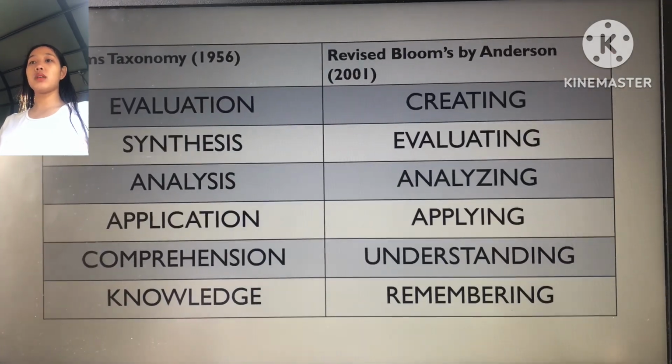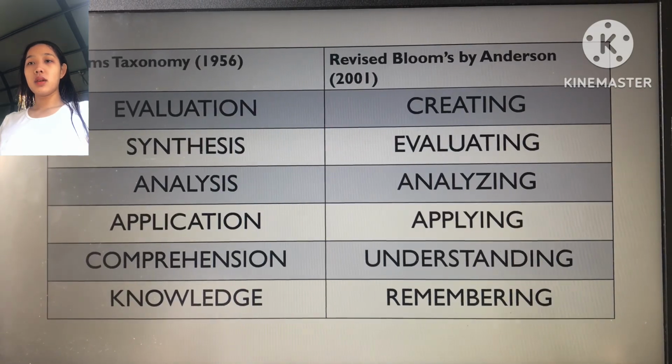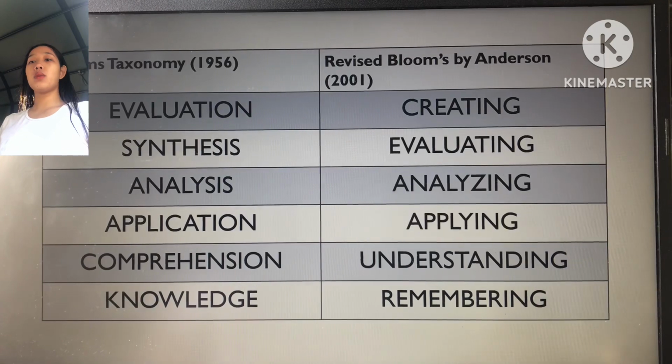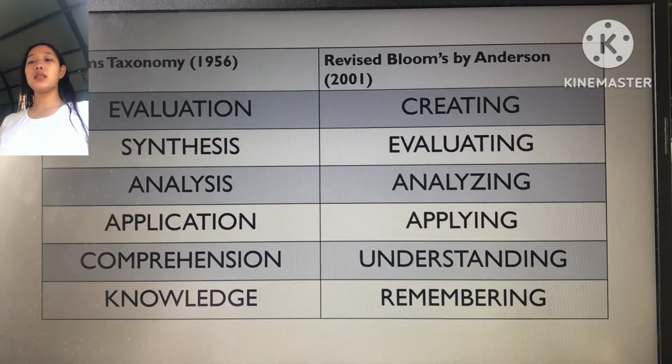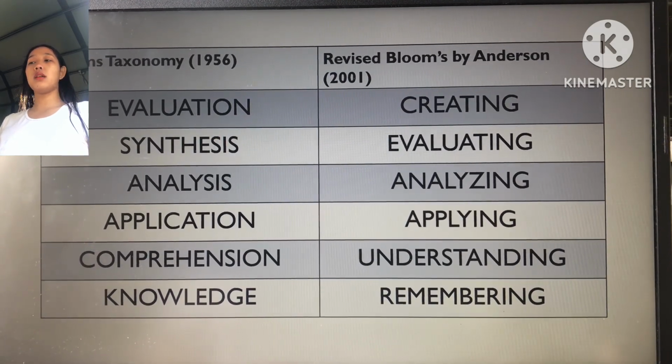So, Bloom's taxonomy in 1956. In 1956, the first one is evaluation, second is synthesis, third is analysis, fourth is application, fifth is comprehension, and sixth is knowledge.